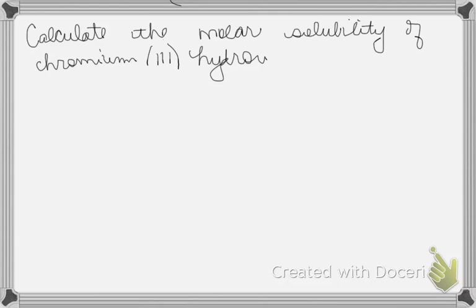I want to work it with you to get into the Ksp and the x expression. What's the formula for chromium 3 hydroxide? It's Cr(OH)3, isn't it? That's chromium 3 hydroxide.